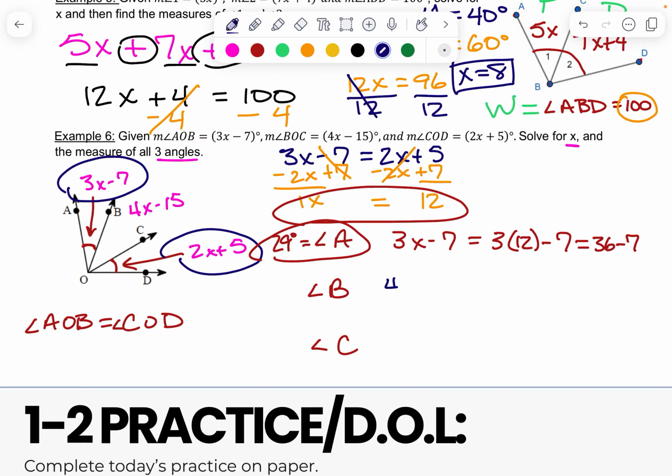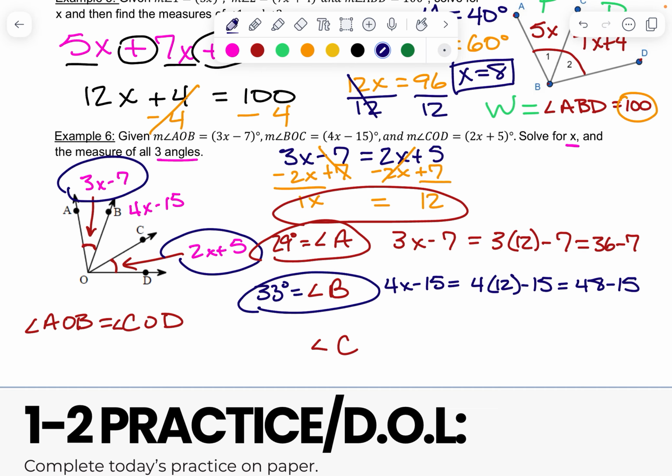Angle B is 4x minus 15, which is 4 times 12 minus 15, which is 48 minus 15, which means angle B is 33 degrees. And then lastly, we've got C. C is 2x plus 5, which is 2 times 12 plus 5, which is 24 plus 5, which means C is also 29 degrees.